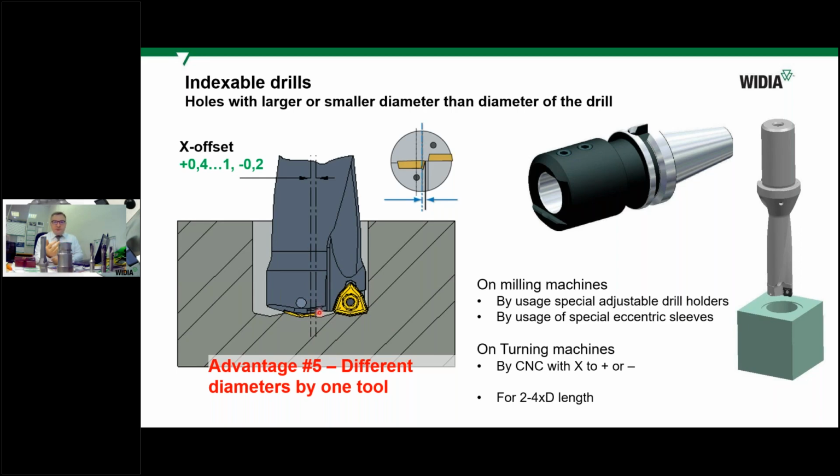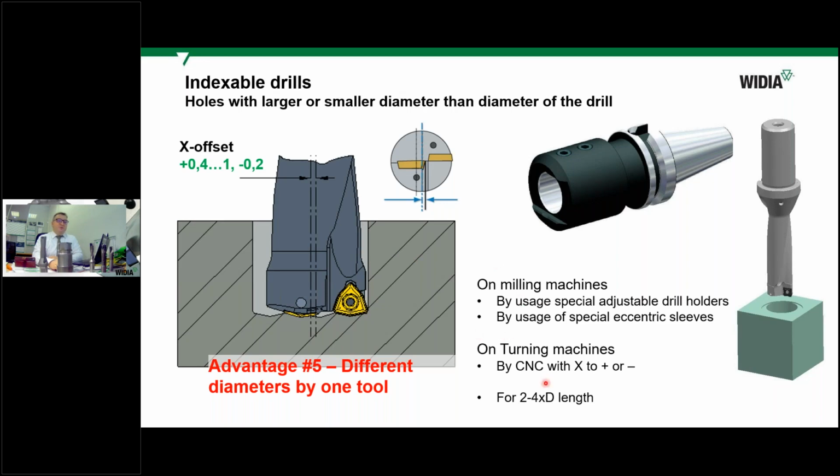How to do that? In milling machine tools, we can use a special drilling chuck, which has an eccentric mechanism inside, and it can move the drill a little bit inside toward the periphery insert or in the direction of the central insert, and that way we can produce a hole with a slightly different diameter than the diameter of the drill.